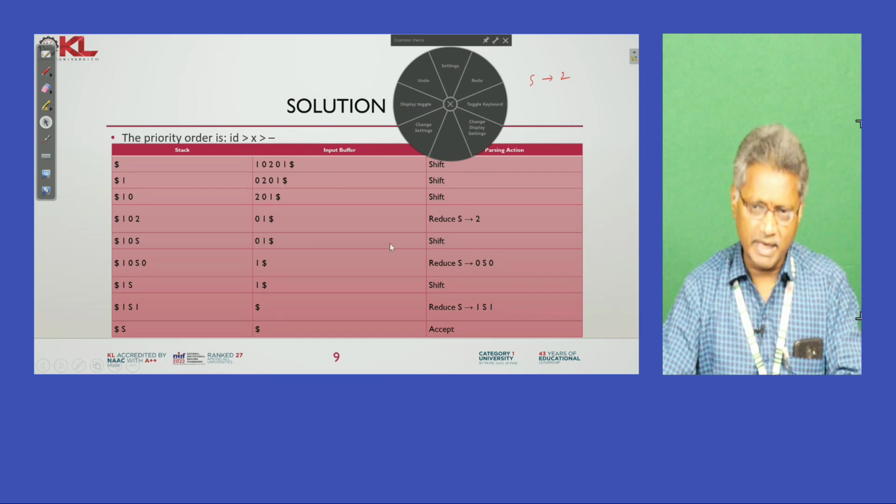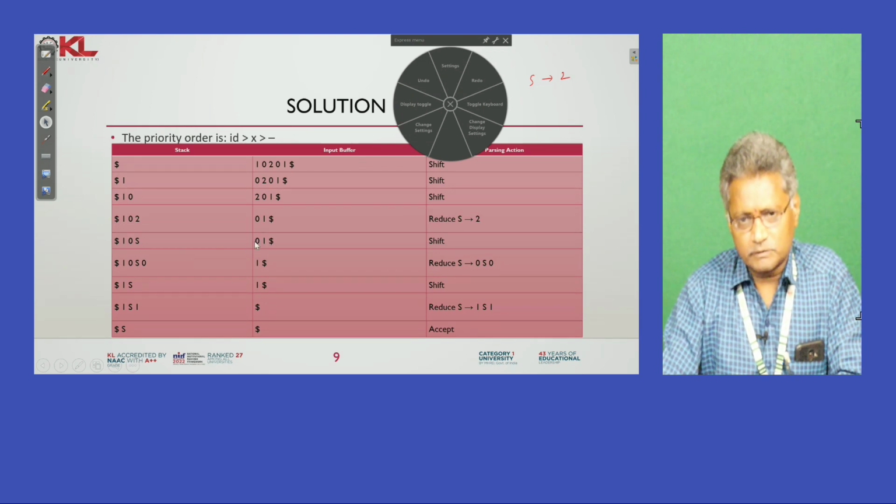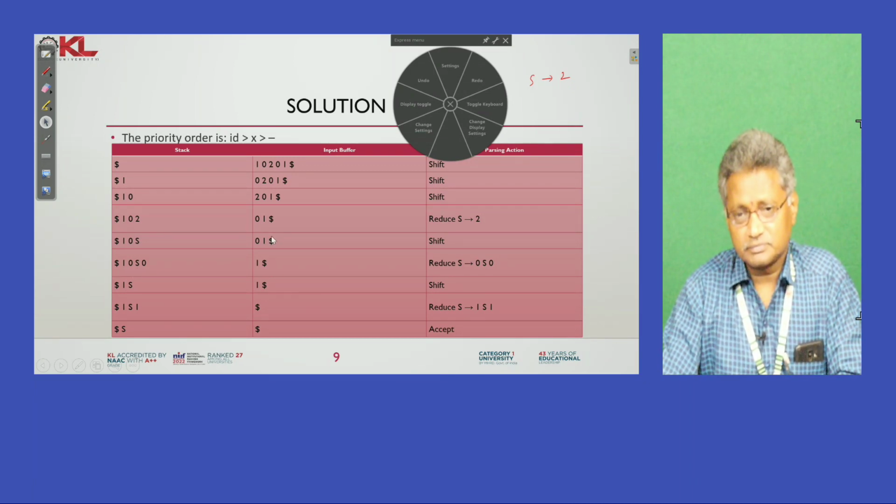Again apply shift action, and the leftmost terminal symbol 0 moves to the top of the stack. Then the stack holds 1 0 S 0, and the input buffer contains only 1 and the dollar symbol.